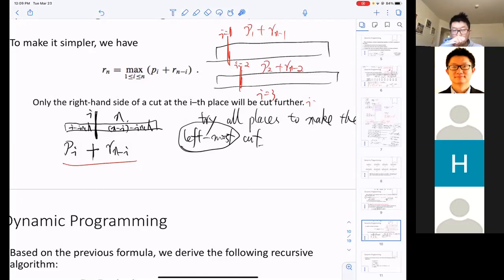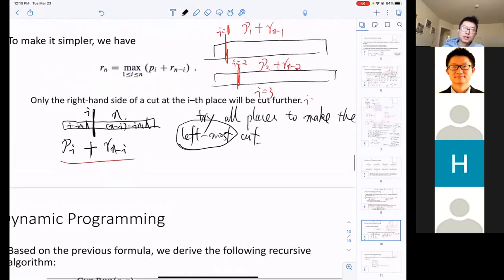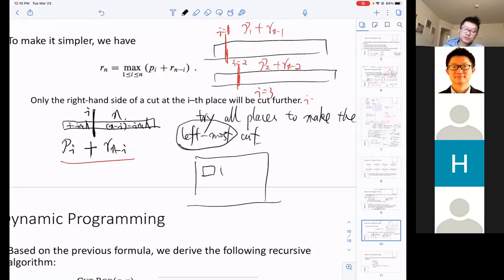Okay, let's put it in this way. Suppose that you have a big house with 5 rooms.